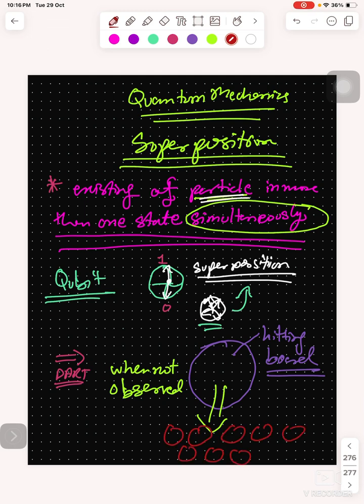There will be every single scenario of dart hitting here, and so on. The key concept is when not observed: superposition only exists when you are not observing.